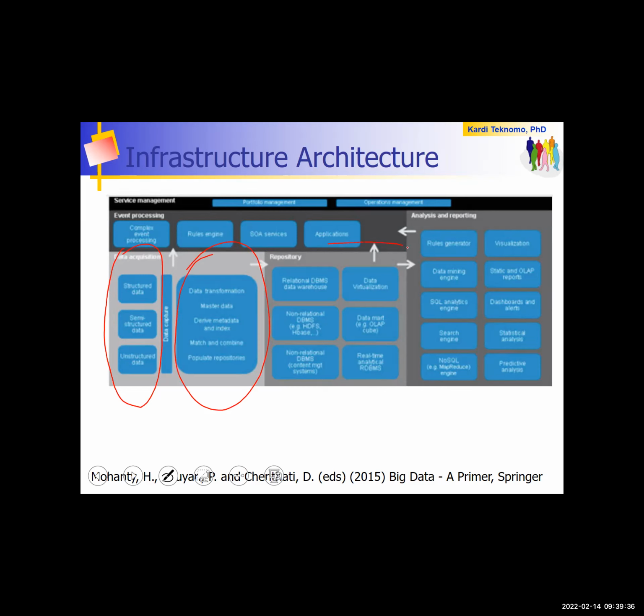From the database, you create the data visualization. You do all operations, and you do some kind of real-time analysis, and then you can add certain rules inside that to create the output here. The output is probably a dashboard, statistical analysis, predictive analysis, and visualization, right?